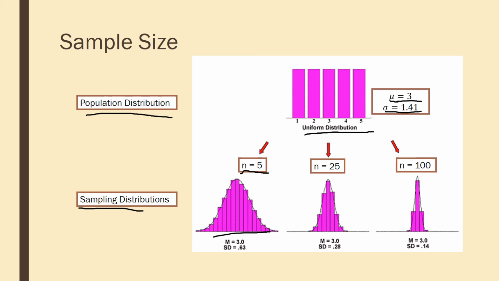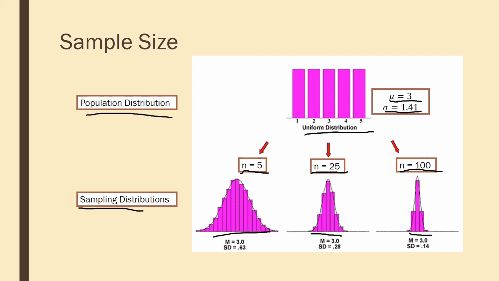And then for this distribution, we took an infinite amount of samples, but each had an n of 25. And then for this one, we had an infinite amount of samples. Again, that doesn't really matter. What really matters is that our n is 100 now.